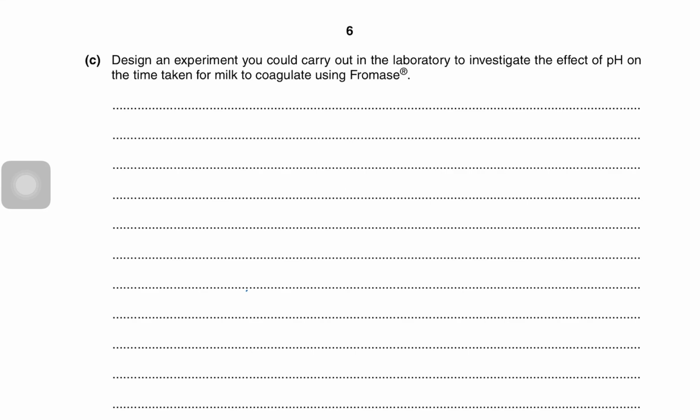So you have to talk about that effect of pH should be shown somewhere in the question. Let me show, yeah, like this. And time should also be mentioned in your question. You can start by mentioning that I'm going to take multiple test tubes because test tubes can collect milk. So you can say, take 5 test tubes to collect milk.